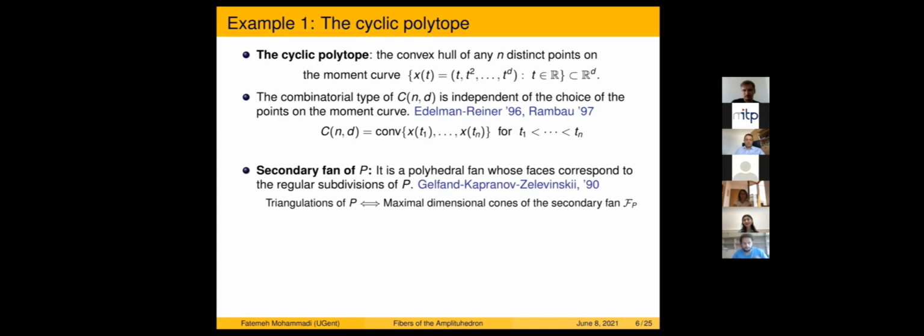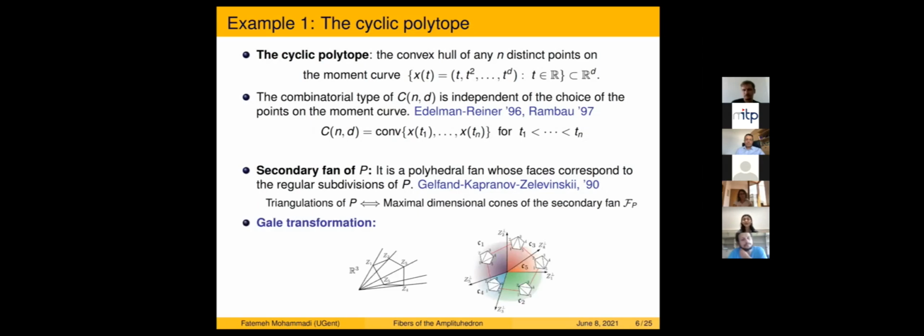Okay, and as we saw, the secondary fans of polytopes are in general well understood, and the triangulations of these polytopes correspond to the maximal dimensional cones of the secondary fan. One easy way to see how you can construct this fan is by Gale duality, the Gale transformation.